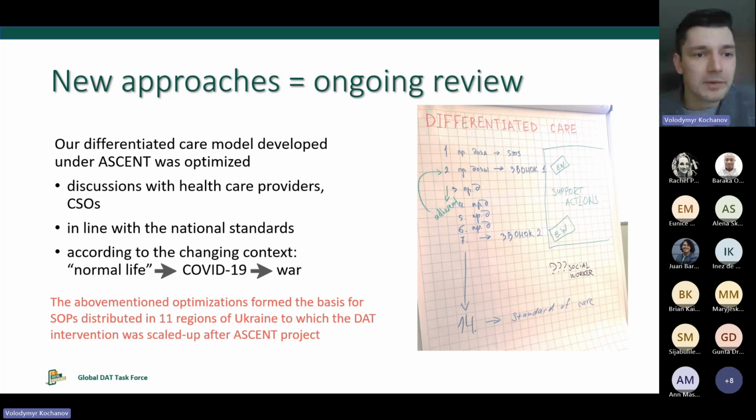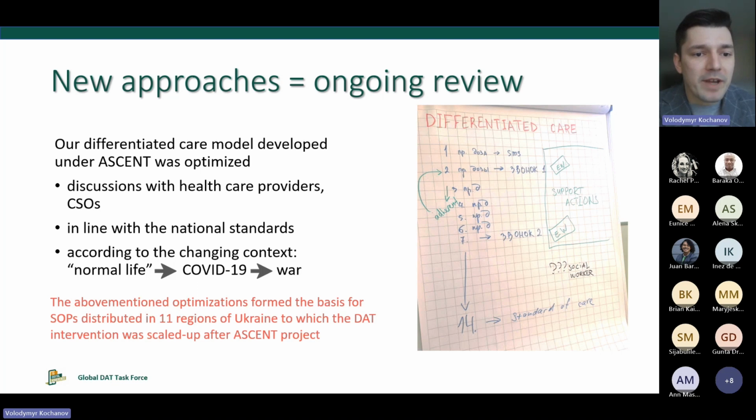And our differentiated care model, developed under ASCENT initially, that I showed you a couple of slides before, was optimized throughout the discussions with the healthcare providers, in line with the national standards, and in line with the challenging and changing circumstances for our country, which started with normal life and then COVID-19 and then the war. So we have to adapt all the time to various challenges and situations.